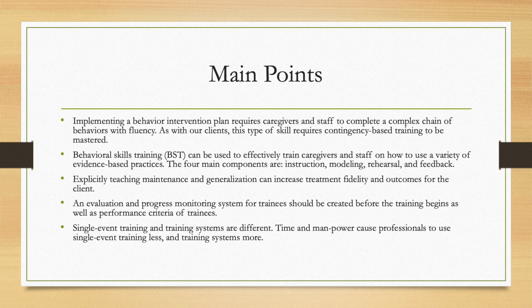But those are the four main components. And then main point number 3, explicitly teaching maintenance and generalization can increase treatment fidelity and outcomes for the client. So with every client, we have a maintenance and a generalization program as we're writing the goal.